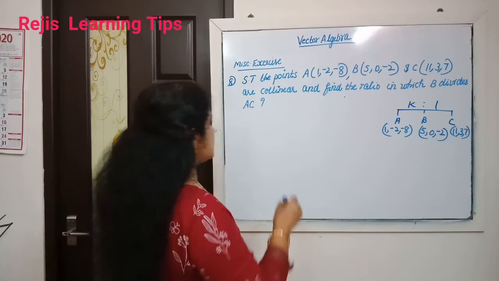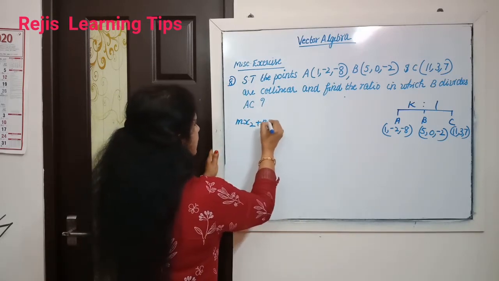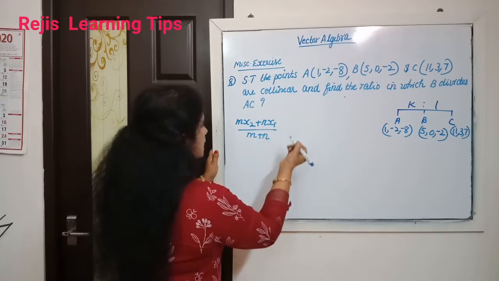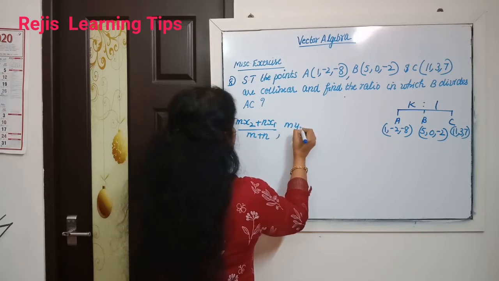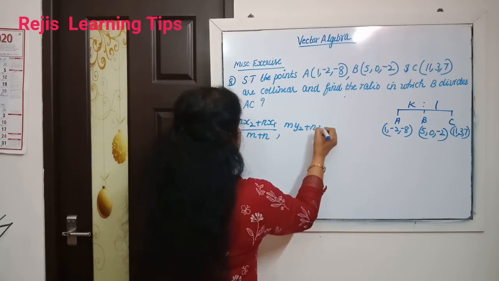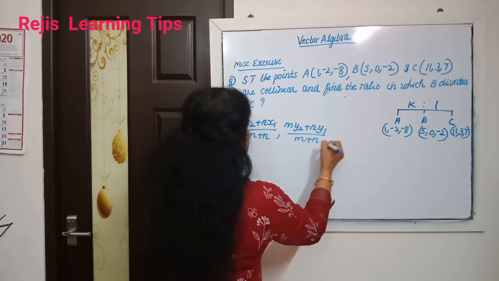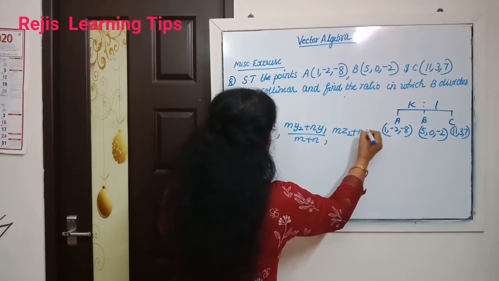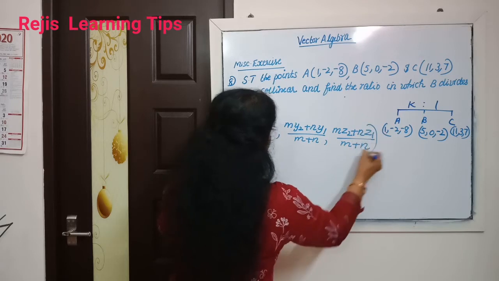Then we know that the section formula for internal division is (mx2 plus nx1) divided by (m plus n), the next (my2 plus ny1) divided by (m plus n), the next (mz2 plus nz1) divided by (m plus n).